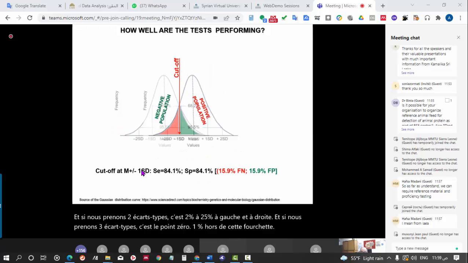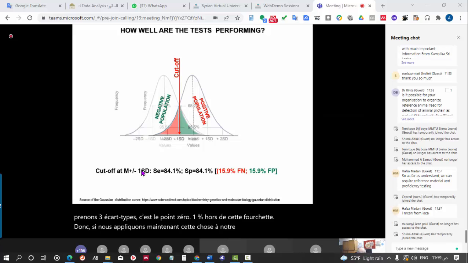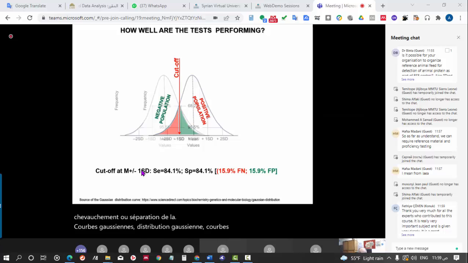So if we now apply this to our test and the overlapping or separation of the Gaussian distribution curves of our animal populations, and if we overlap them exactly at plus minus 1 standard deviation, we will have a proportional number of false positives and false negatives.